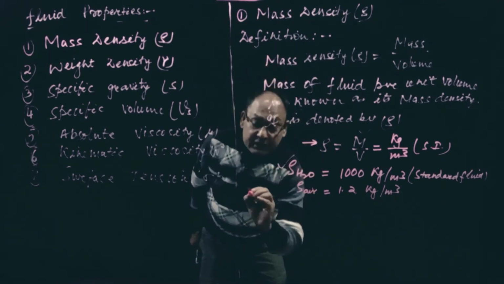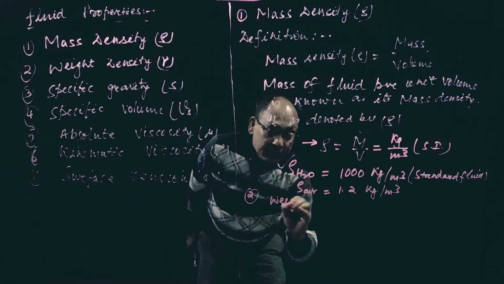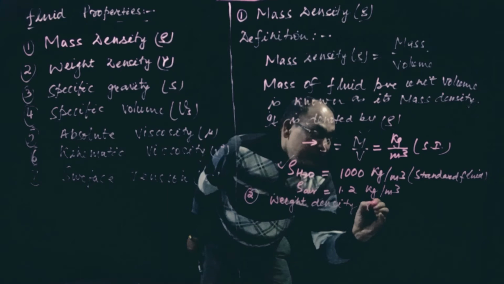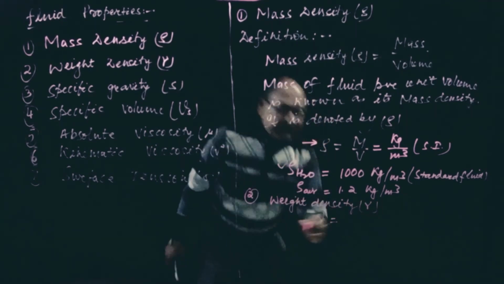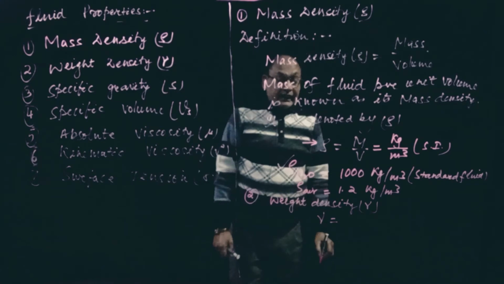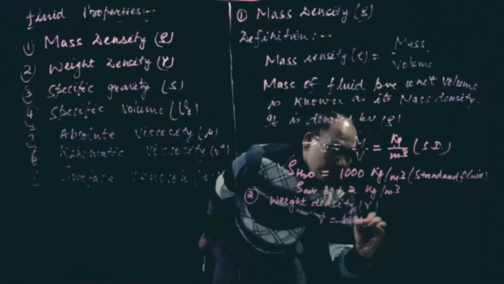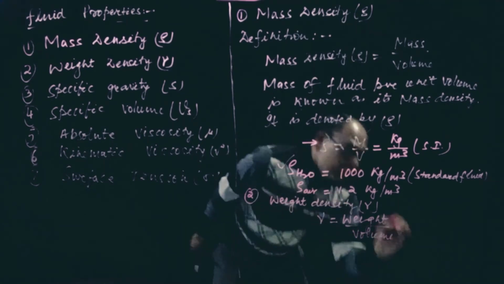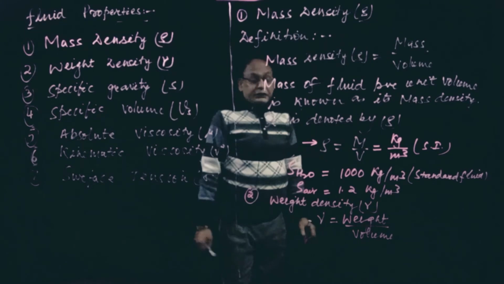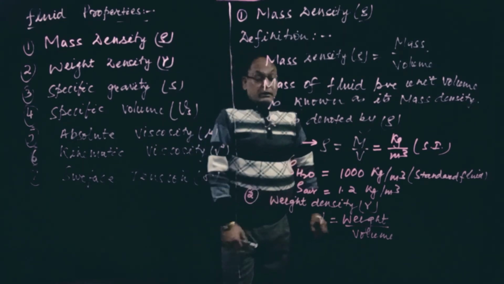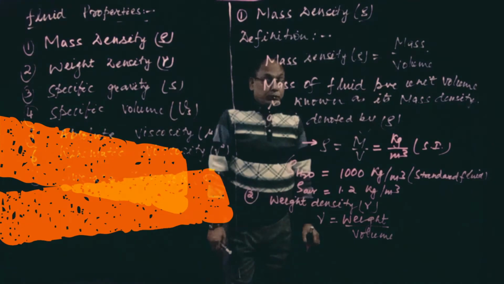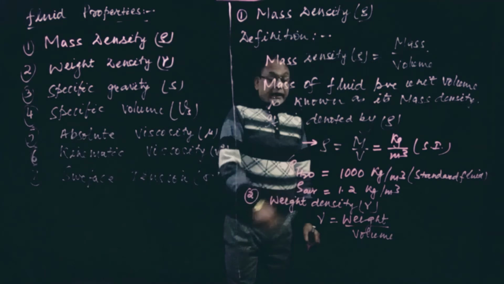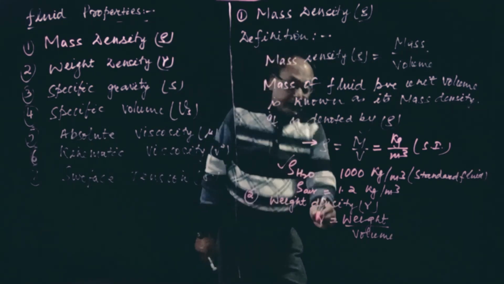Now let us discuss weight density, denoted by gamma. Weight density is defined as the ratio of the weight of the particular fluid to the volume of that particular fluid, and it is denoted by gamma.